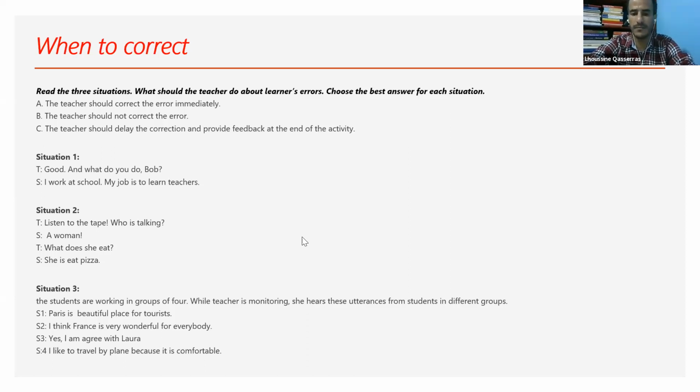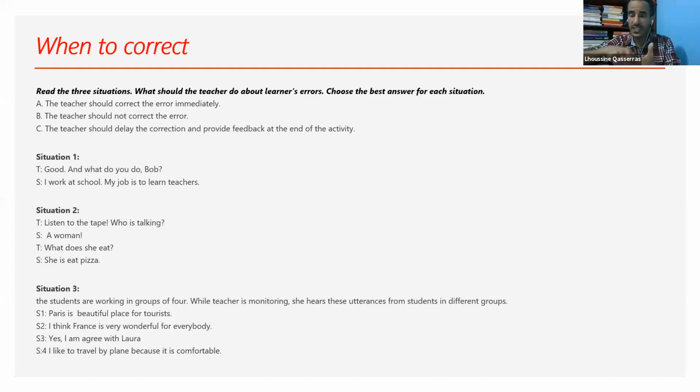Is there a problem? So here in situation number 3, communication is not broken. The message is clear. So it's better for the teacher to delay correction. You can take notes at the end.